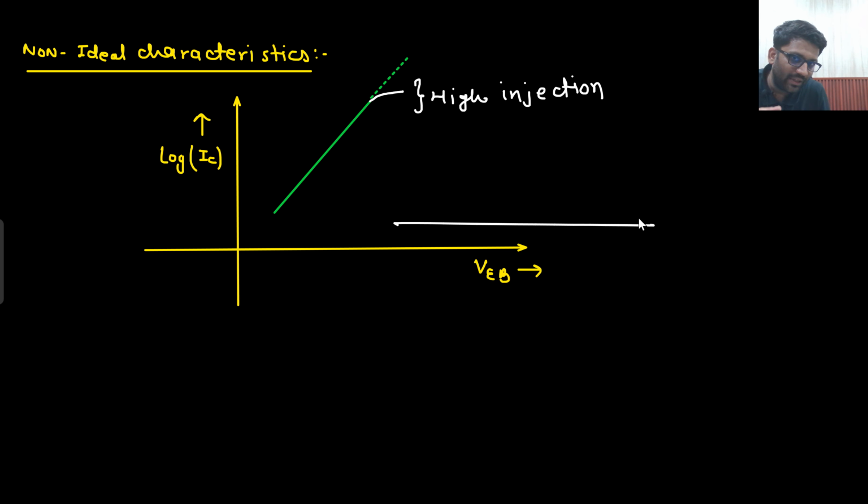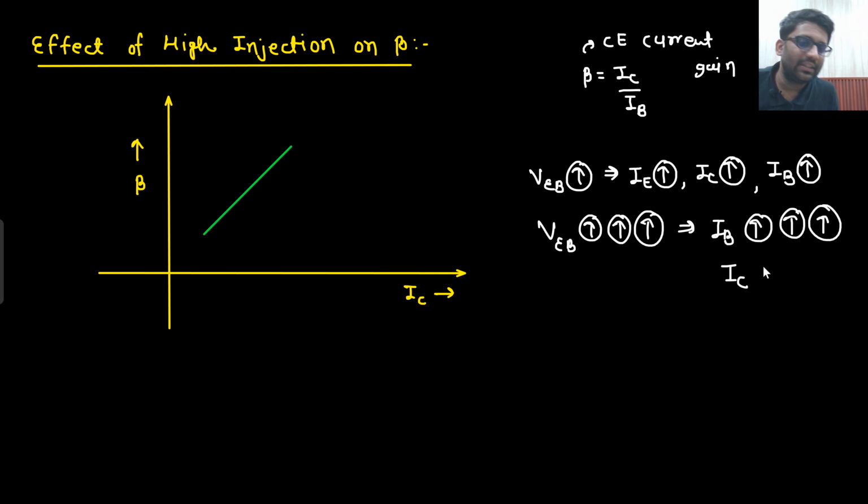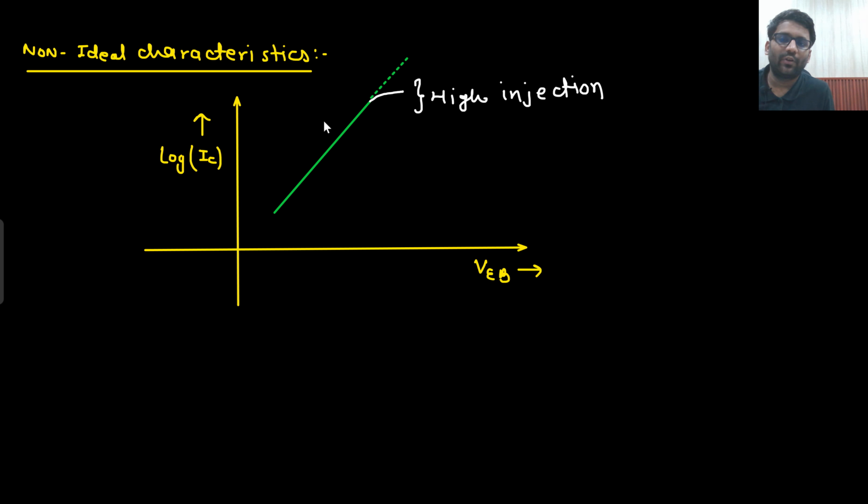If I keep on increasing VEB, then IC does not increase that much; the exponential relation is gone. Basically, if you increase VEB, IC will increase, but IB would increase much faster at very high forward bias.